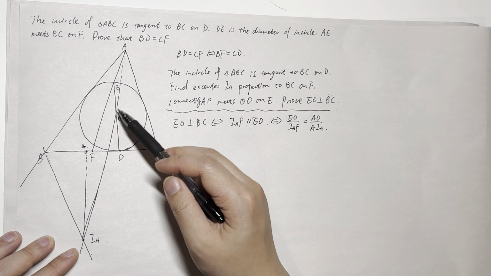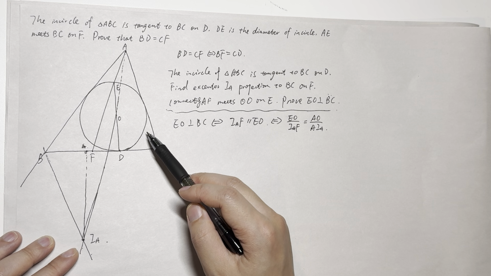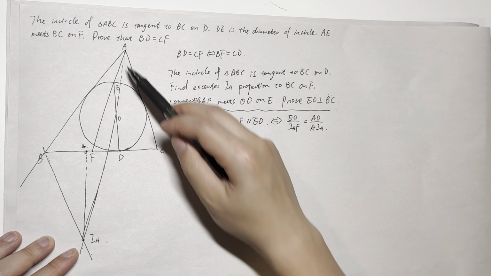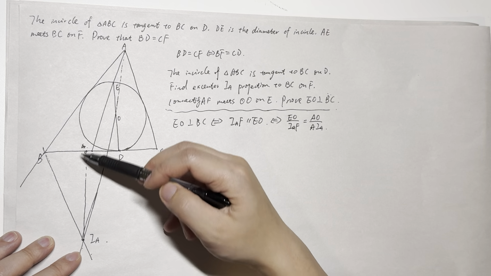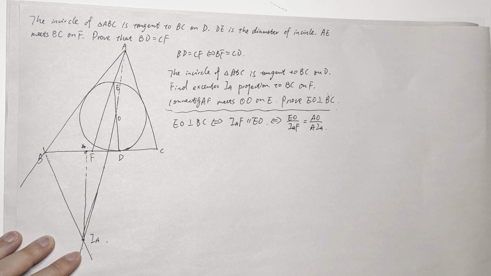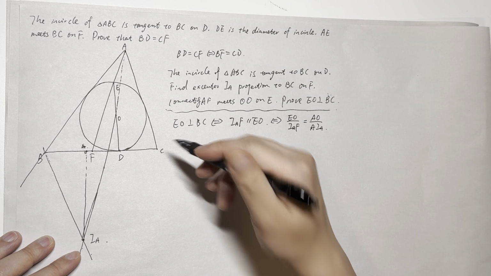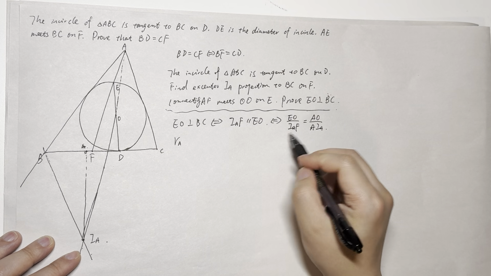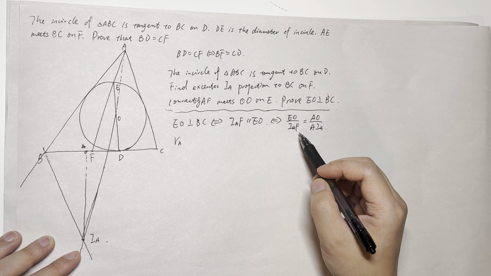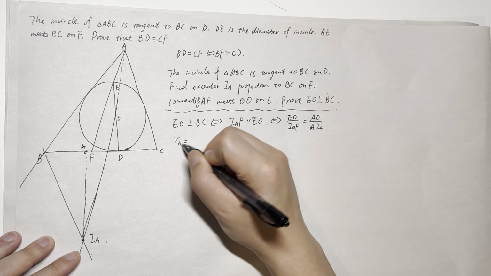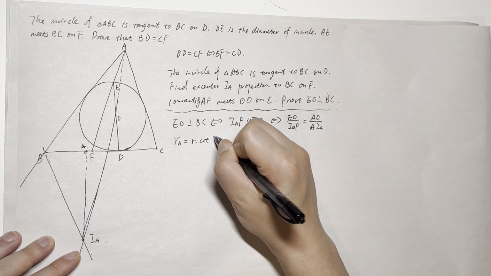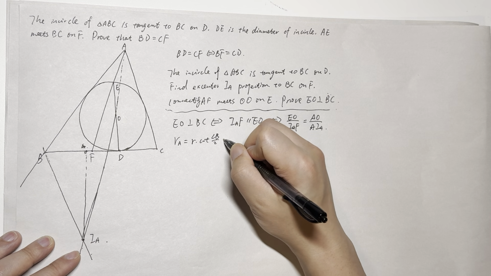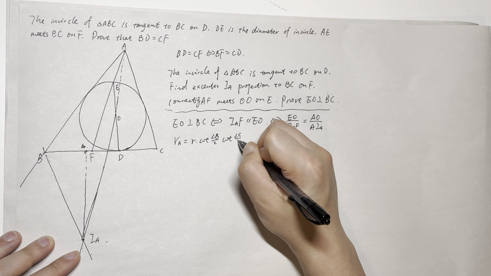EO is the radius of the incircle, and IAF, that is the radius of the excircle, which means we already know the relation, we know that RA equals to R times cotangent half angle B cotangent half angle C, right?